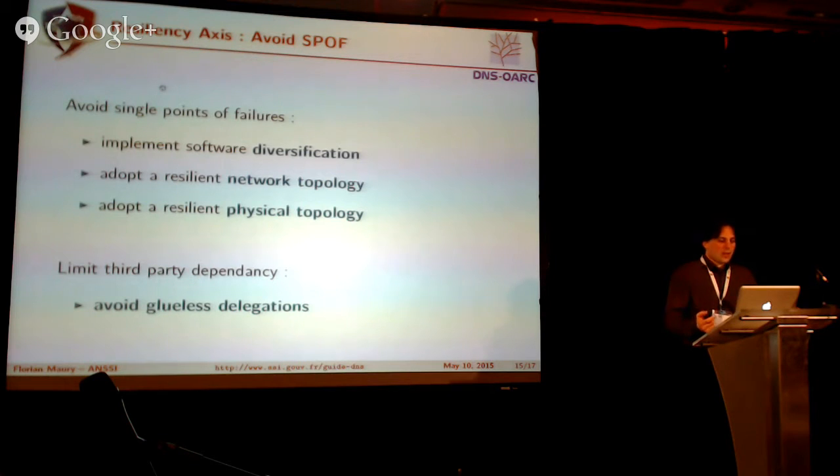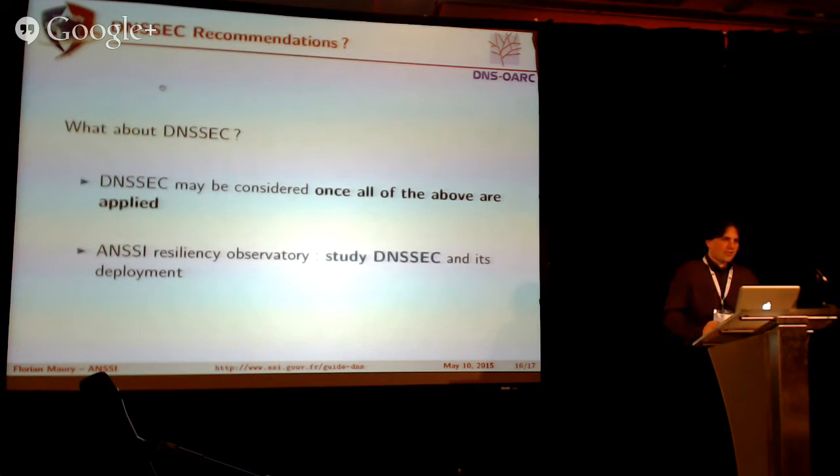I mean by that, if by using a glueless delegation you introduce a new actor that can fail and therefore create an availability issue with your domain, then you maybe should use only glued delegation. Not sure that was very clear, but well, the questions are there for that.